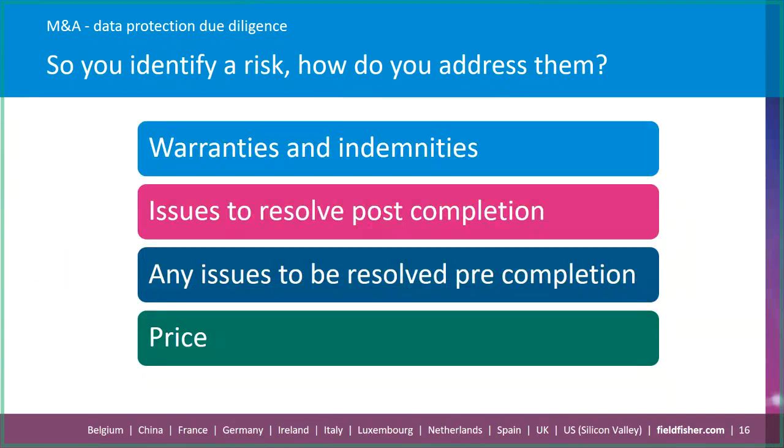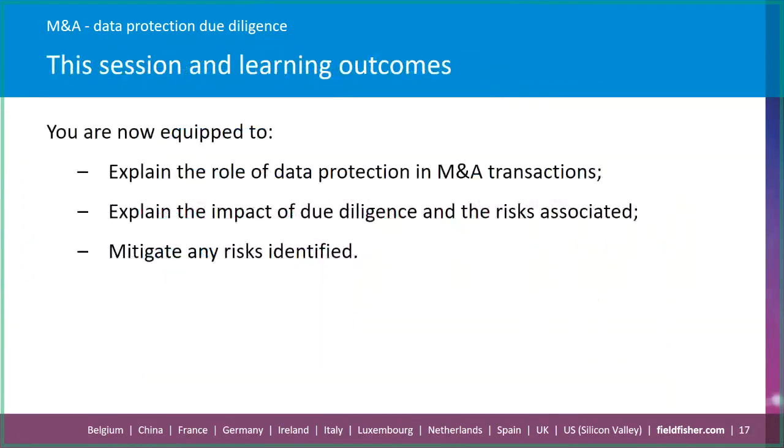If you haven't got any ability to use any of that data, you may think, actually, we need this resolved pre-completion. And tied into that, it might be price. So linked with that point on the data-rich marketing company, you might say, actually, we need something to be renegotiated here on price, because this is a fundamental issue that renders our purchase valueless at the moment.